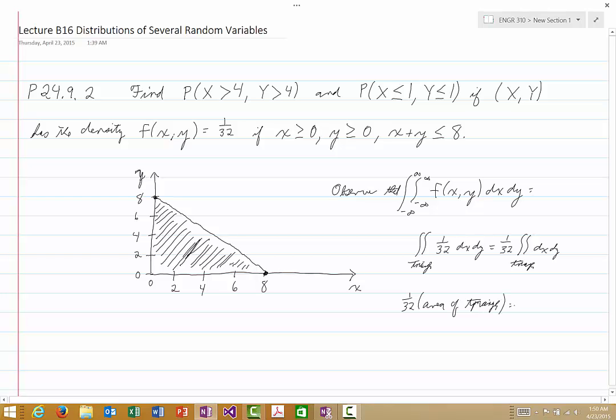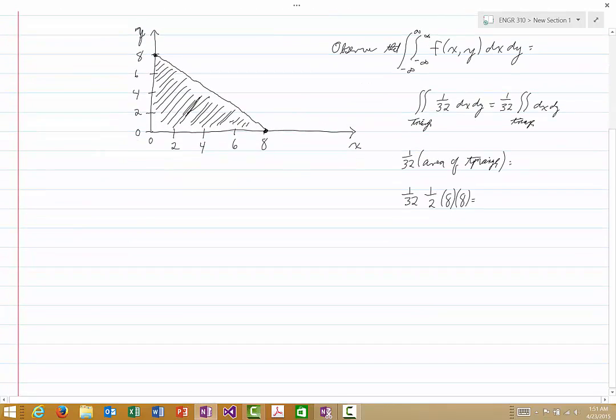The area of a triangle is 1/2 the base times the height, so we get 1/32 times 1/2 times the base, which is 8, times the height, which is 8. 8 times 8 is 64, over 2 times 32, which is 64, and we get 1.